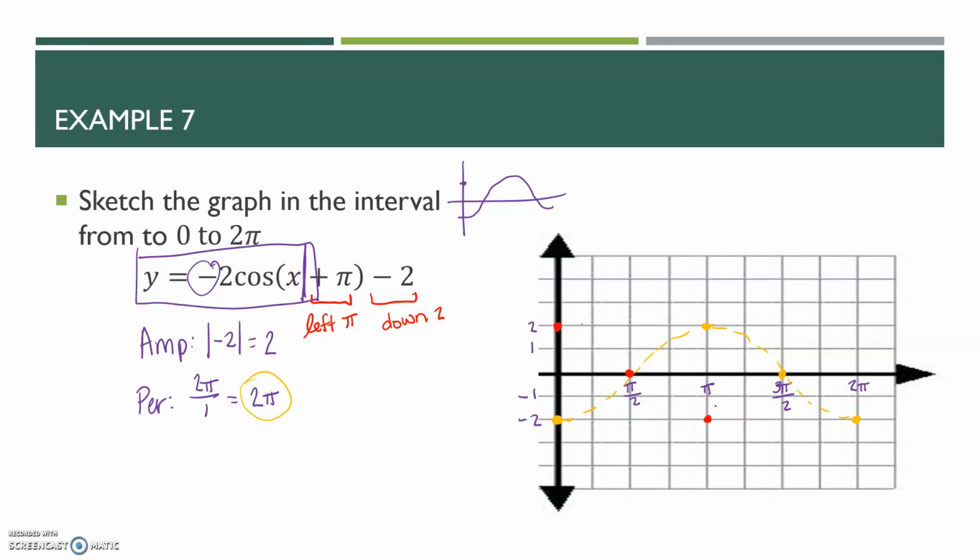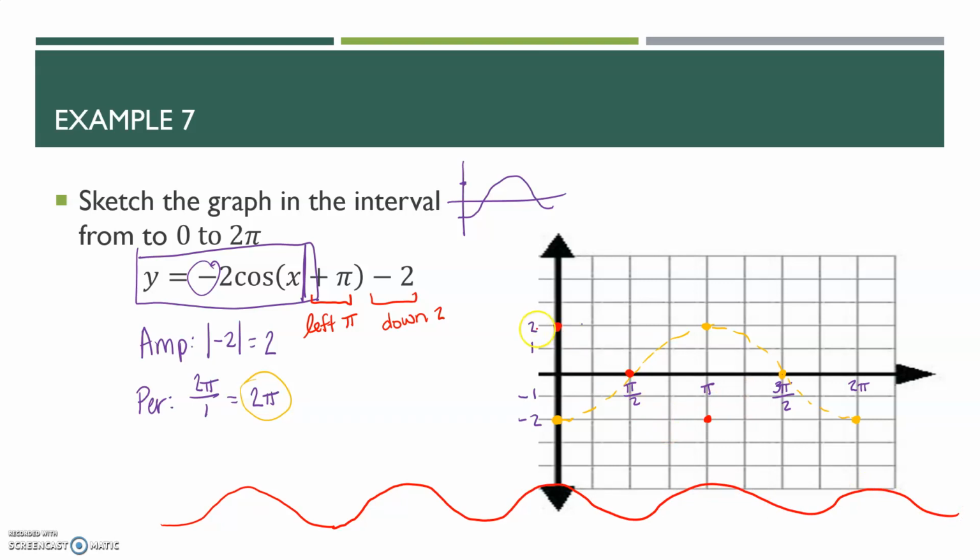And now, instead of just finishing our graph like that, and I know I still haven't done the down 2, don't worry, I need to fill in this graph. So remember that just because we're looking at one cycle here doesn't mean that the pattern ends. We're looking at just a small picture from 0 to 2 pi. It keeps going with that same pattern on and on and on.